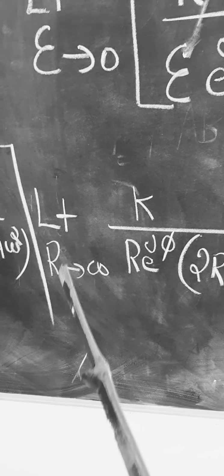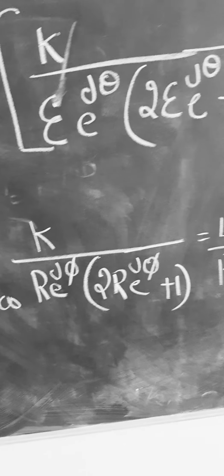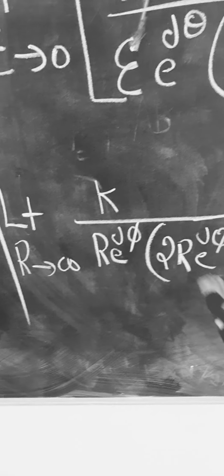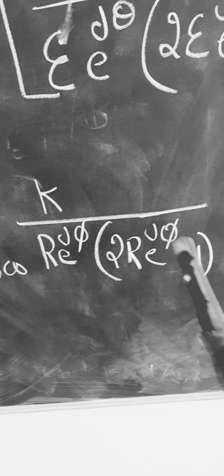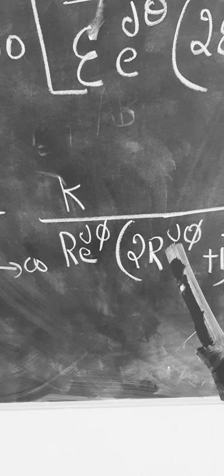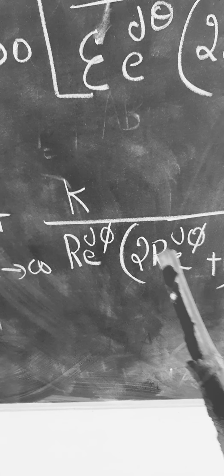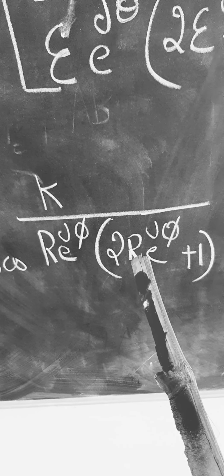And here limit of R tending to infinity. R tending to infinity means this will become infinity. Infinity plus 1 is infinity only. So you can eliminate this and take 2R into e to the power of j phi. You have to multiply this with this, so you will get 2R square.